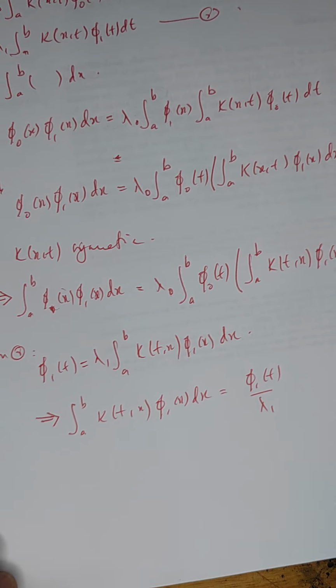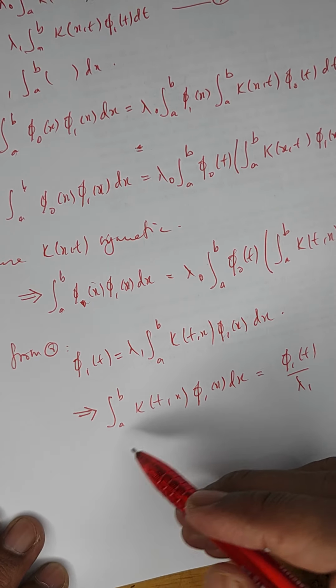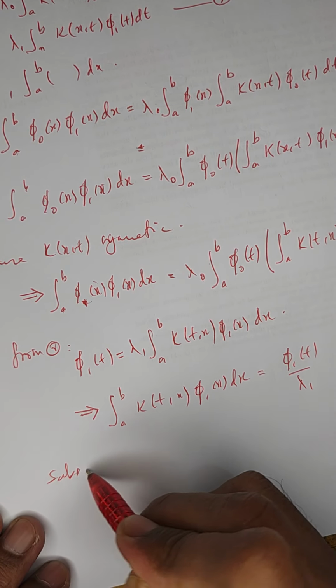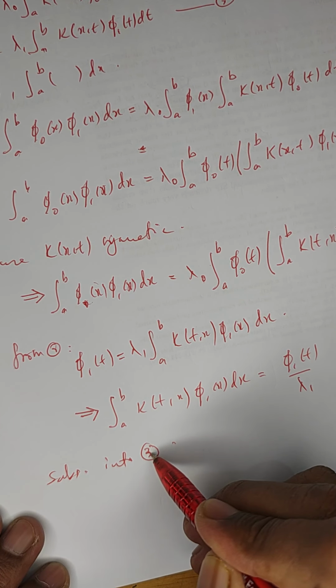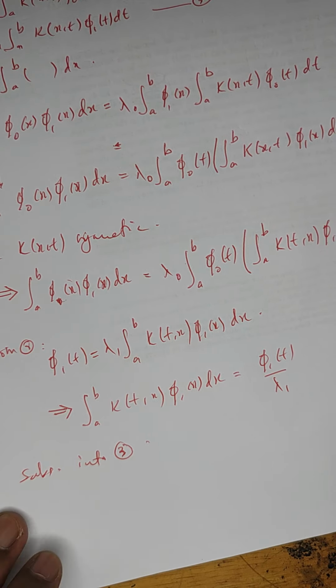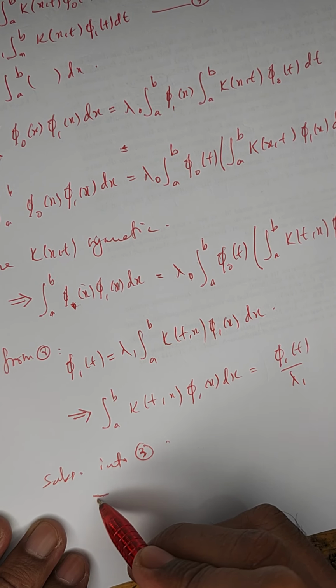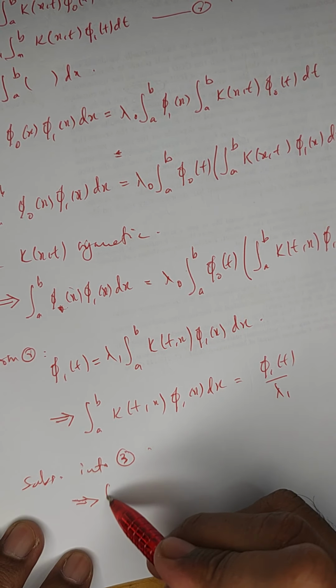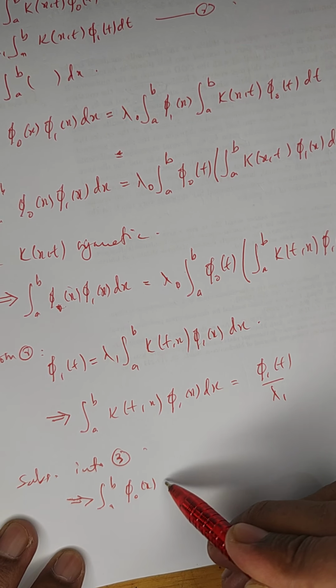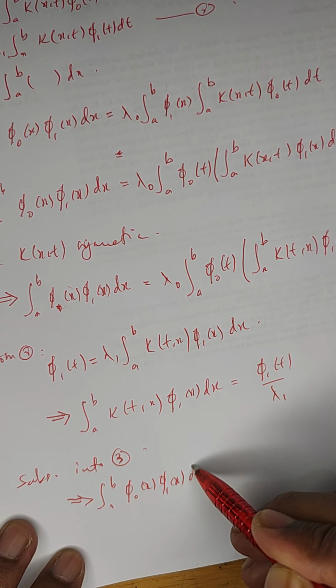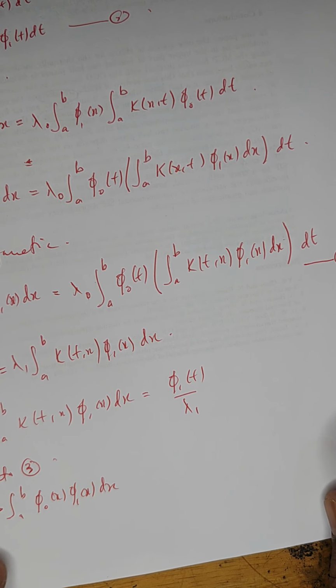Okay, and then we substitute this value into that, substitute into 3, we have the integral from a to b of phi naught x phi 1 x dx.